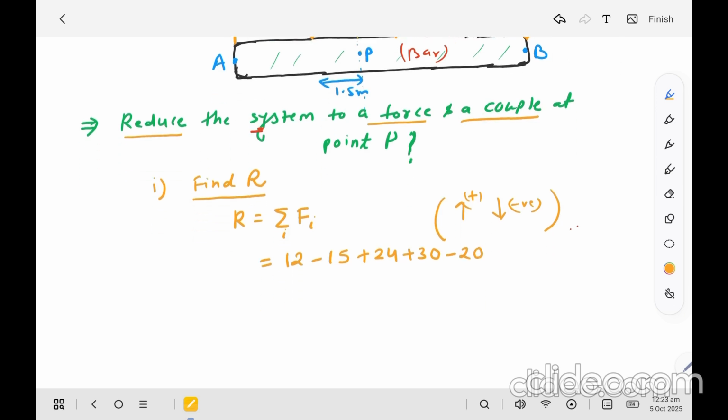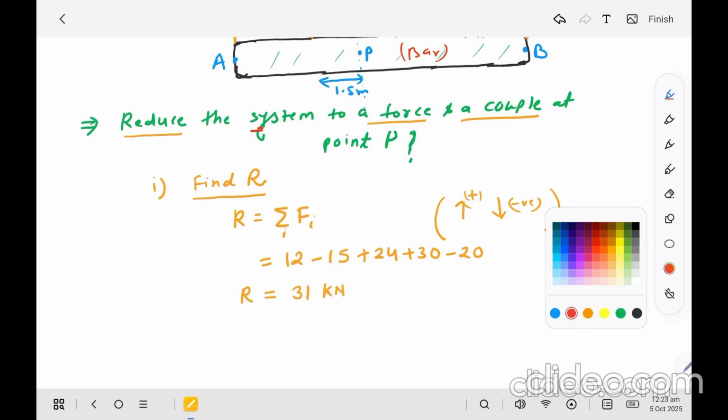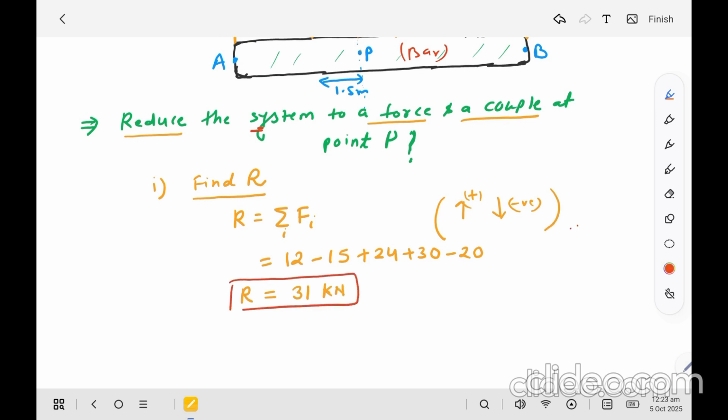Okay, so this is the simple algebraic sum of all these forces acting on this bar. And so if we do the sum, then the value of R will be kilonewton. Okay, so this is the value of the resultant force.